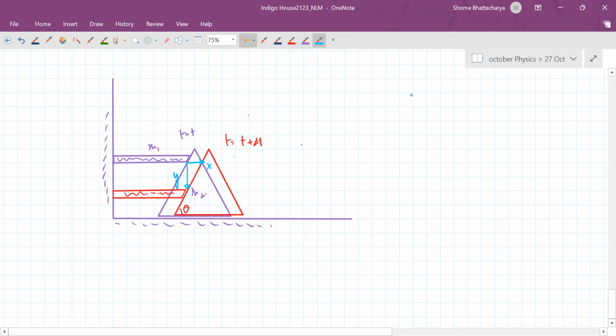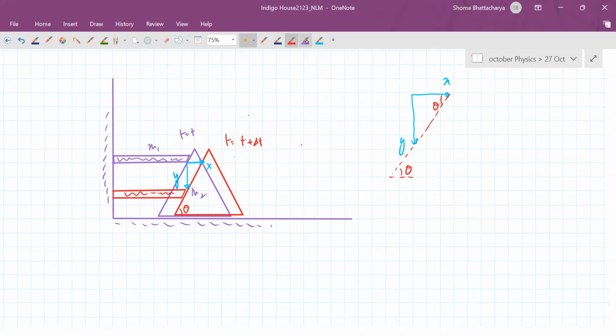You can see in that diagram, if this is the downward displacement of the rod and this is the horizontal displacement of the wedge, then they are related such that this angle is theta.